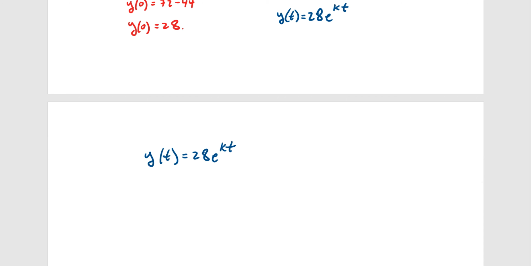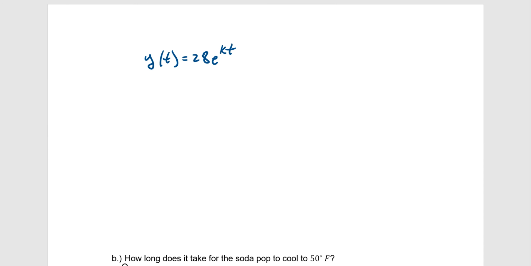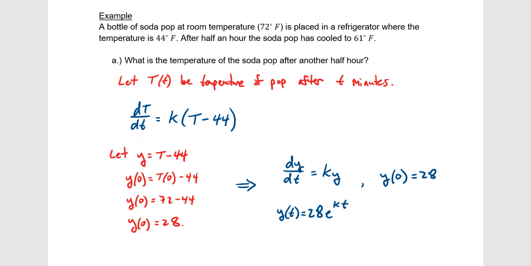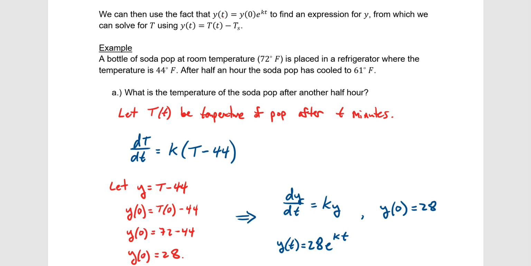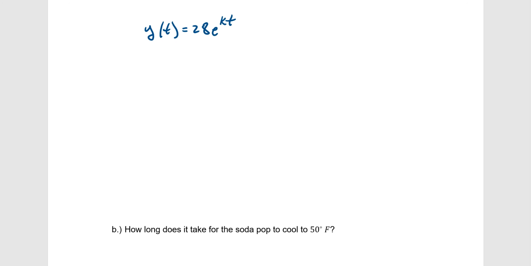Well, we'll just write this one because that's the one we're going to be dealing with. We also have this piece of information right here. After half an hour, the soda pop cooled to 61 degrees Fahrenheit. We're going to use this piece of information to help us find k, just like we did in the past.